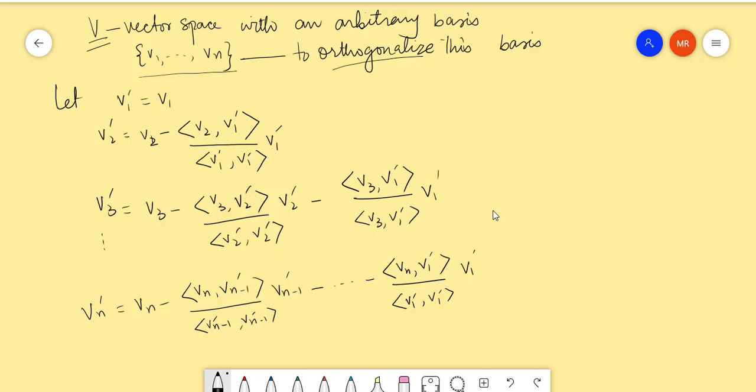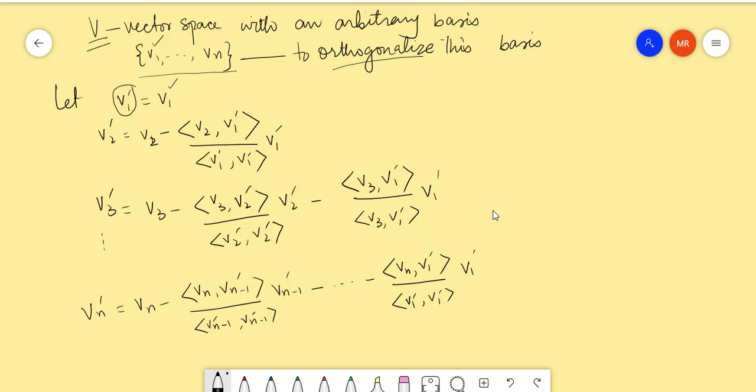We consider V1 dash to be V1. We take V1 dash to be exactly this first vector. Then V2 dash is equal to V2 minus the projection of V2 on V1 dash. And we know that this is now perpendicular to V1 dash.